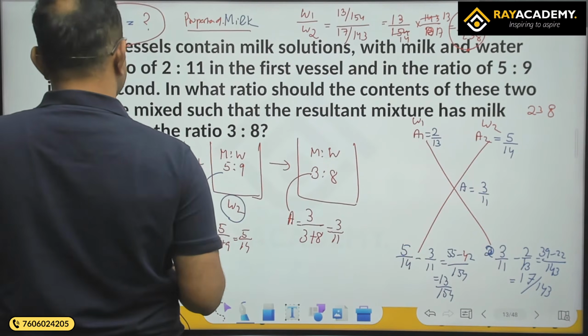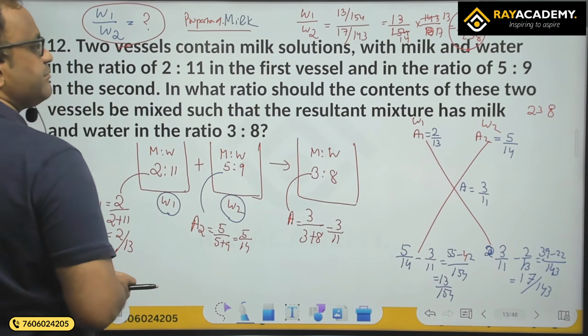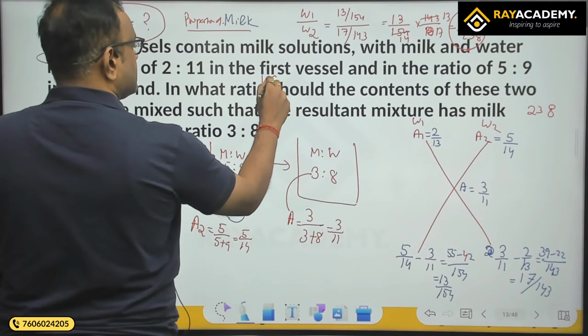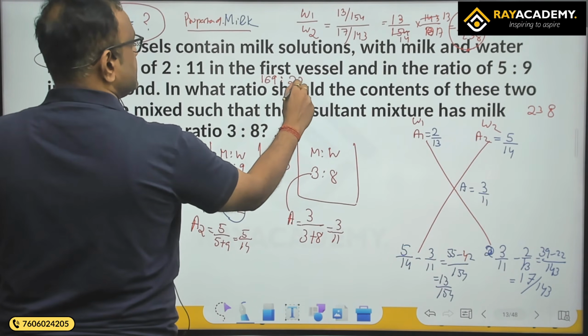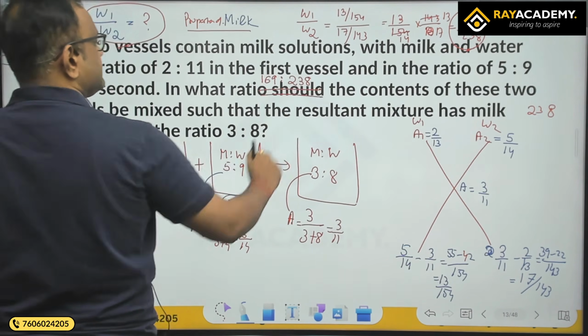So the ratio in which the contents should be mixed is 169 to 238. This is your answer.